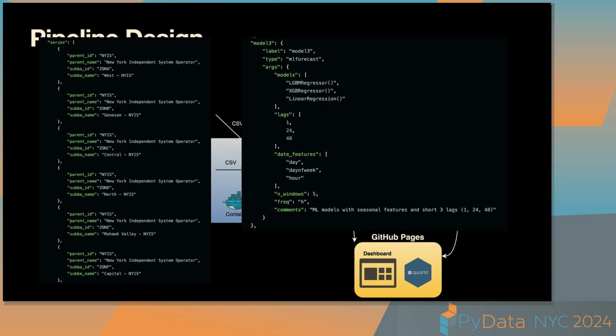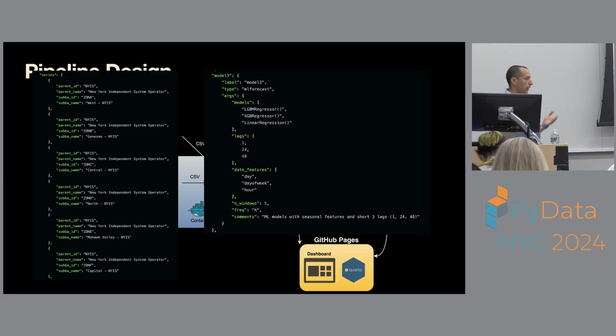I'm testing GBM, XGBoost, and linear regression. I'm using three lags, using some seasonality features, and so on. And it's very clear what I'm using here, and if someone wants to reproduce it, they can go ahead and use the same. It's trackable and easy to reproduce.